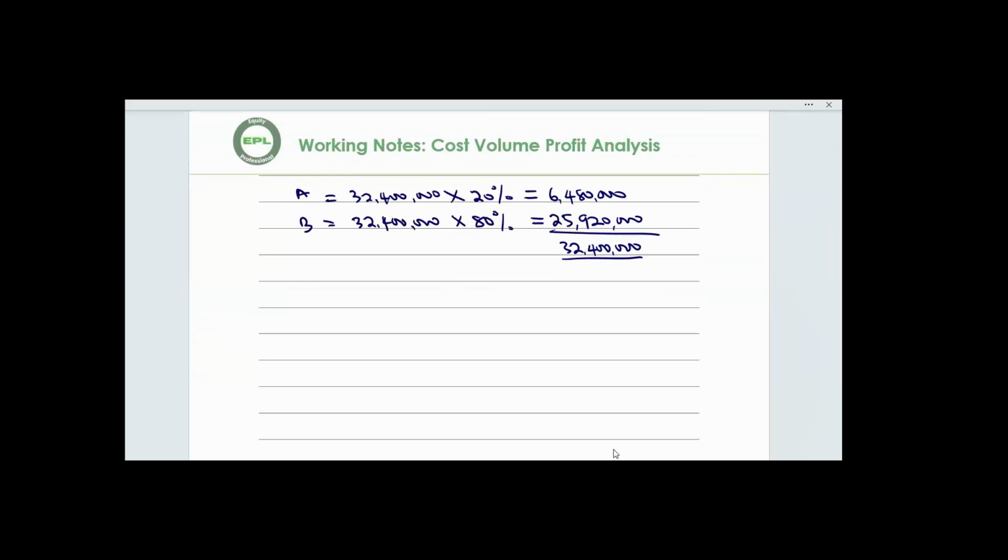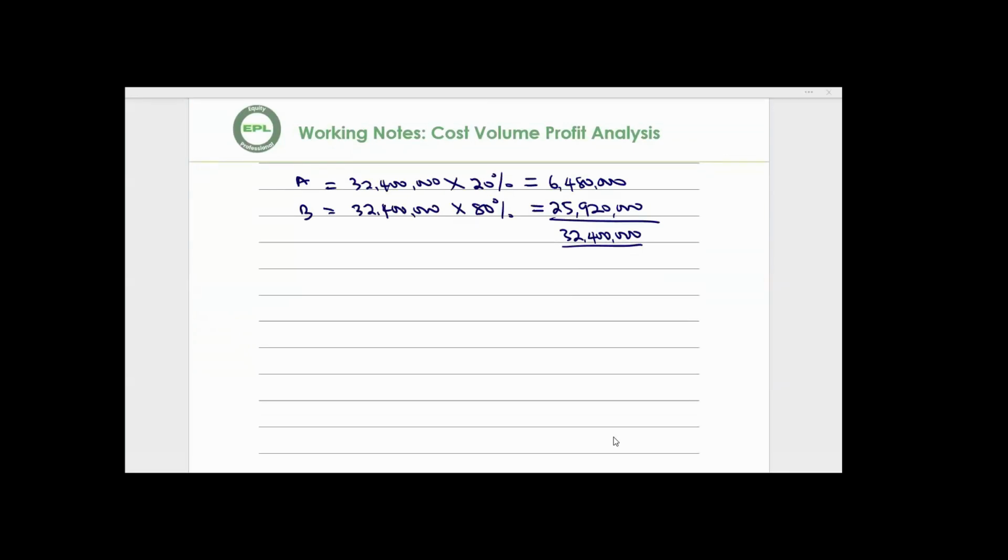Yes, the last requirement: you have to assume all the facts in B1 to B5 above, with the original budgeted revenue of 33,600,000. Compute the revised break-even sales in units for each of the products.